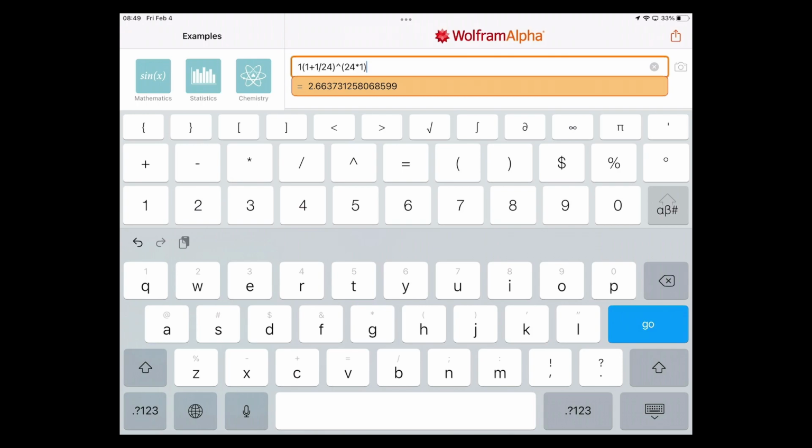What about if I compounded this every minute? What do I need to do with my 24s? Multiply them by 60. Okay, so let me do that. Well, but like this with parentheses, right?